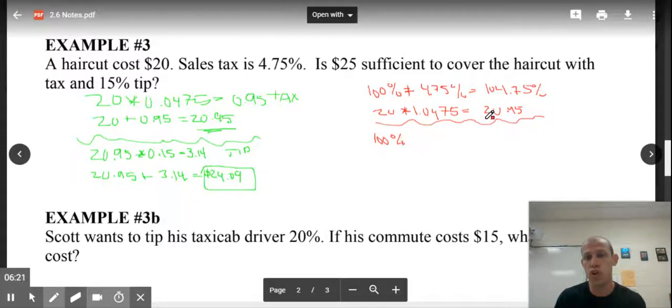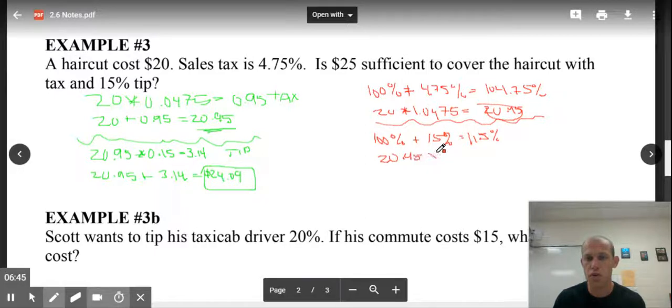That new 100% is this 20.95. I will be finding that in addition to the tip, so I add that to 15%. So it's 115%. This is my new original.